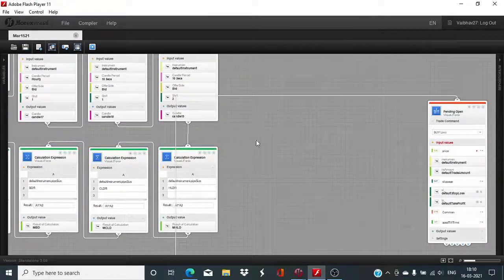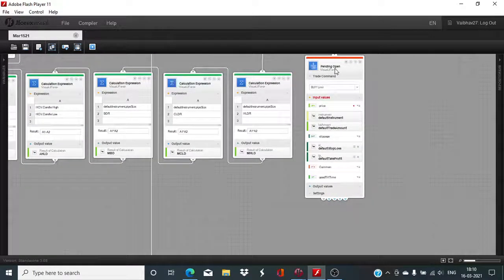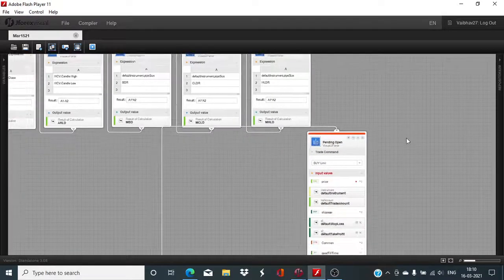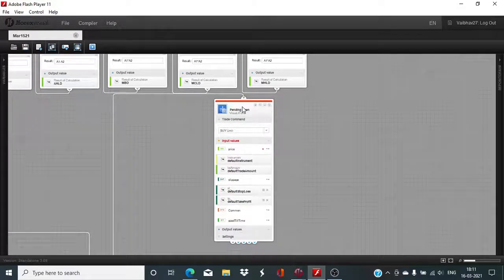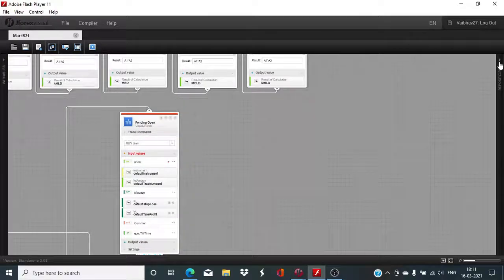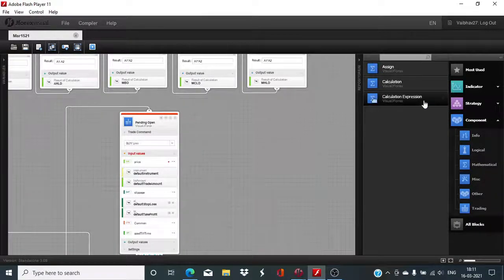So here we need the buy limit price to be defined, and that is simply going to be 7 pips above the lowest point. For that we will have to carry out one more calculation.